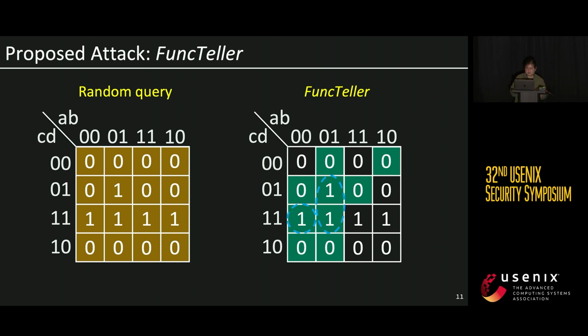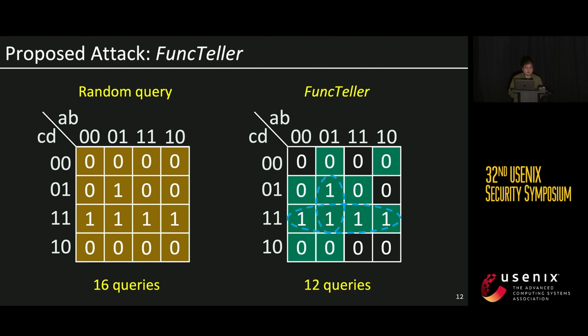Similarly, we do the expansion. We query with directions and realize another expansion. From this example, we collect 2 clusters. The random queries cost 16 cycles, but FuncTeller is more efficient.